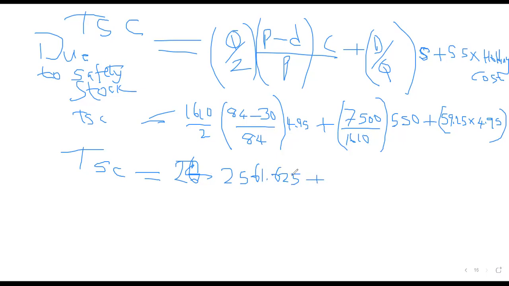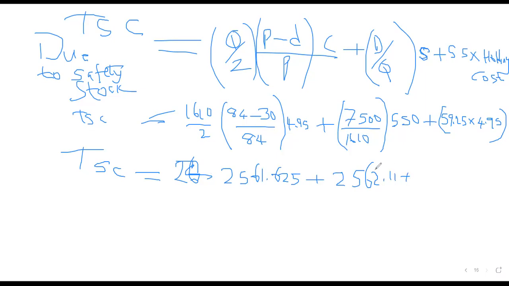Then the other one is 7,500 divided by 1610 multiplied by 550, giving us 2562.11.